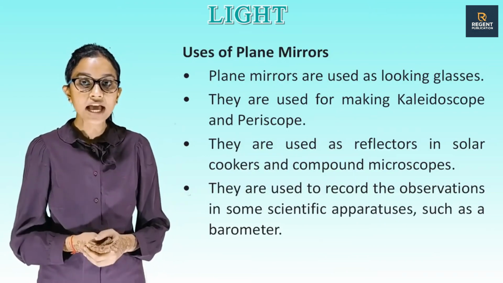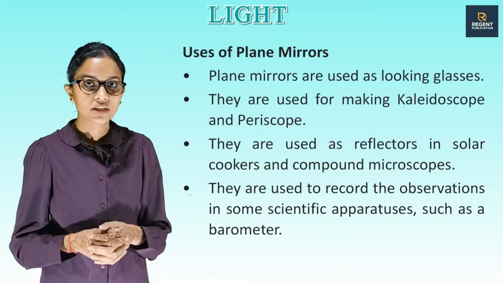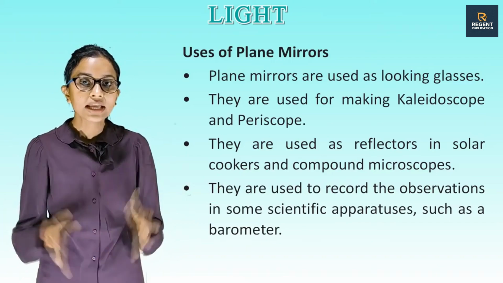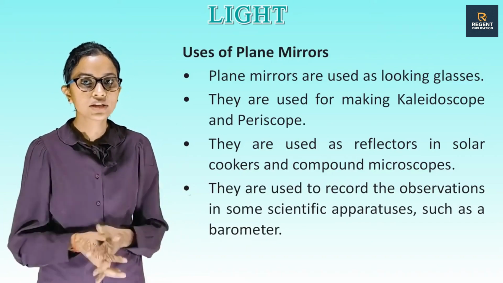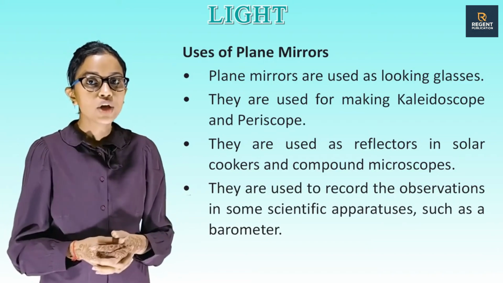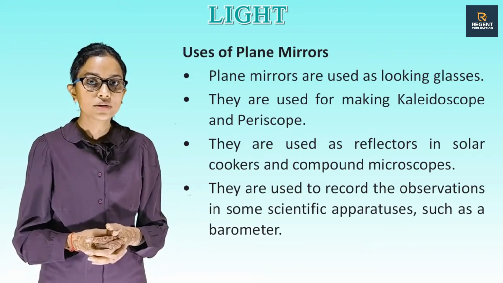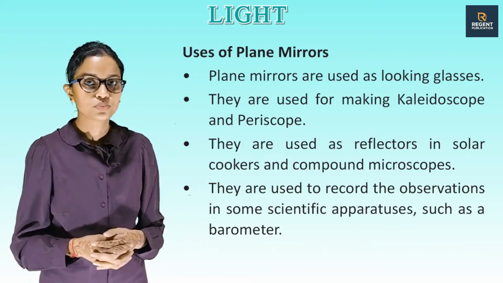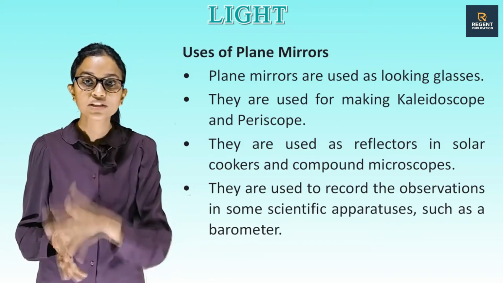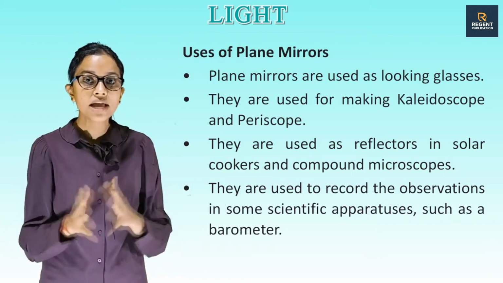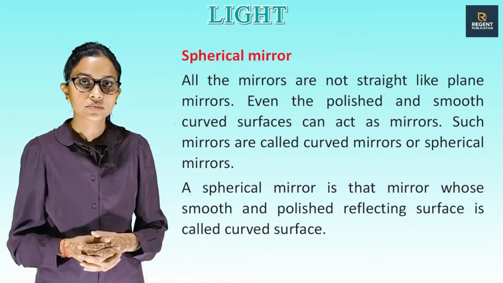Plane mirrors are used as looking glasses. They are used for making kaleidoscope and periscope. They are used as reflectors in solar cookers and compound microscopes. They are used to record the observations in some scientific apparatuses such as barometer.